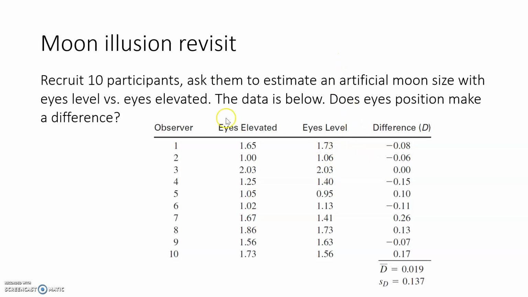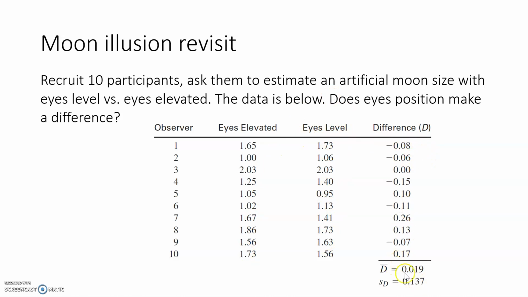And this third column actually is their data, their estimate of the moon size without raising their eyes. Okay, and I have calculated the differences between these two data points for you guys.